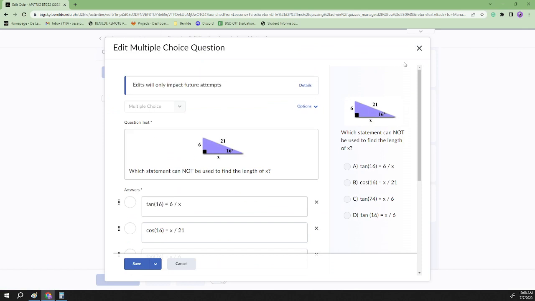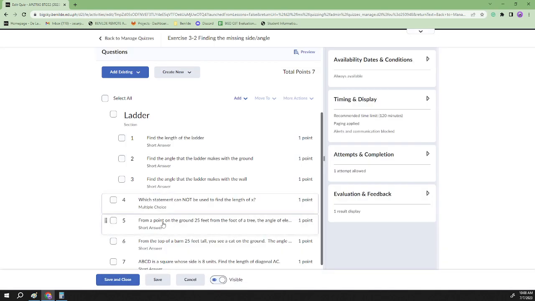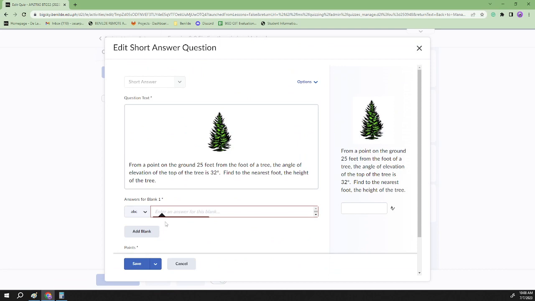Next, we're looking for which statement can't be used to find the length of x given that triangle, and then more word problems like this: from a point on the ground 25 feet from the tree, the angle of elevation of the top of the tree is 32 degrees. So we have two values that we can use, using SOHCAHTOA, to find the height of the tree.